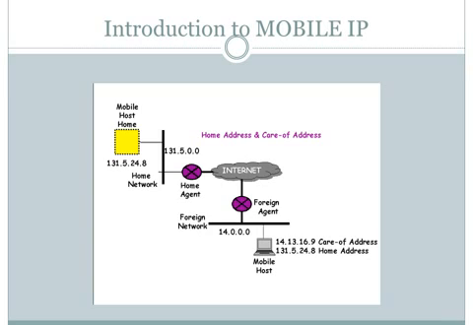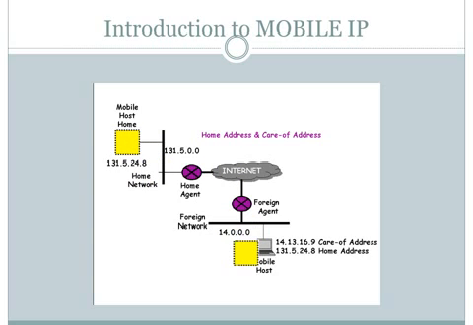So first, looking at what mobile IP is, this diagram will best illustrate what happens when a mobile station moves from one network to another network.